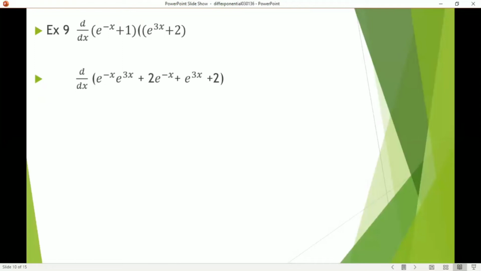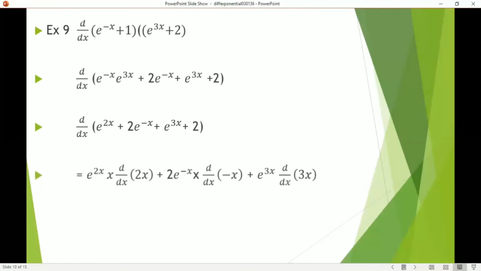Now, according to the law of indices, e to the power of minus x multiplied by e to the power of 3x is e to the power of 2x. So differentiating e to the power of 2x, it's e to the power of 2x multiplied by the derivative of 2x, plus 2 e to the power of minus x multiplied by the derivative of minus x, plus e to the power of 3x multiplied by the derivative of 3x.